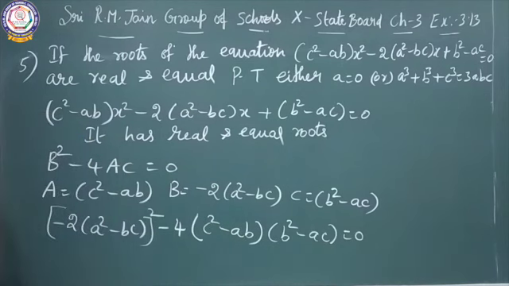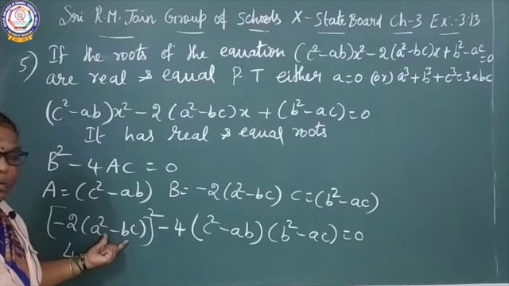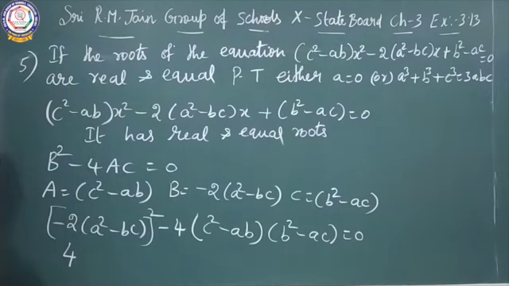b square minus 4ac. See, minus 2 also becomes plus because it is squared. What is the (a minus b) the whole square formula?